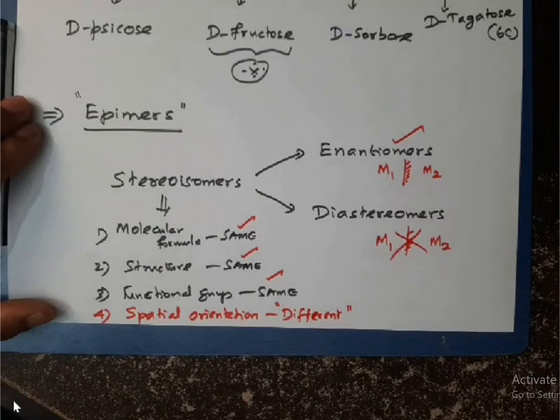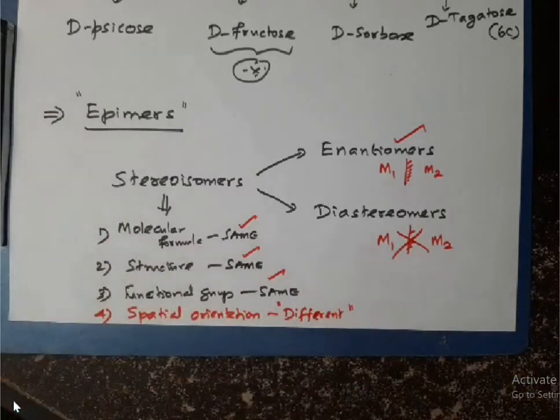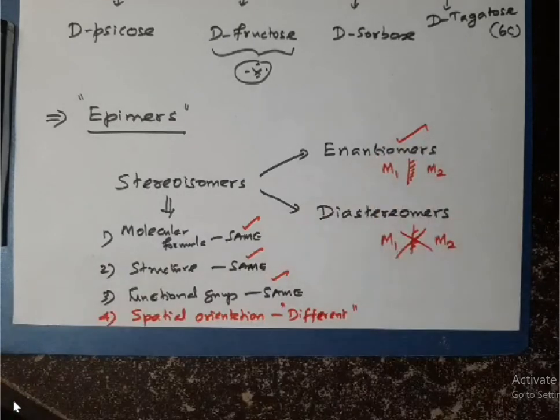If you have a mixture of diastereomers, it is very easy to separate, but a mixture of enantiomers is very difficult. Keep this in mind.